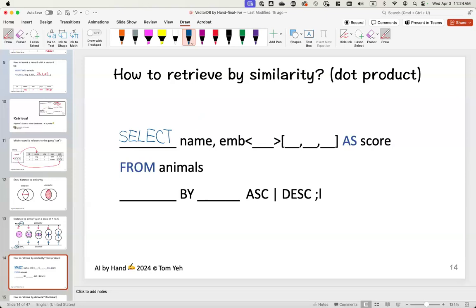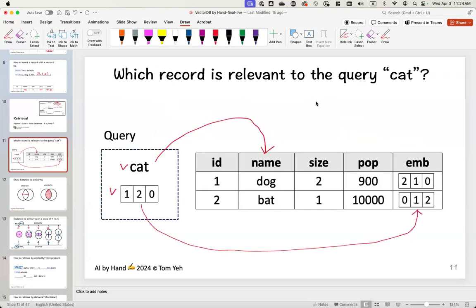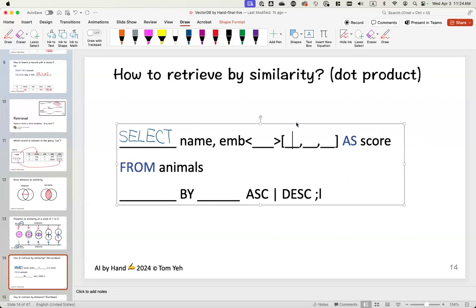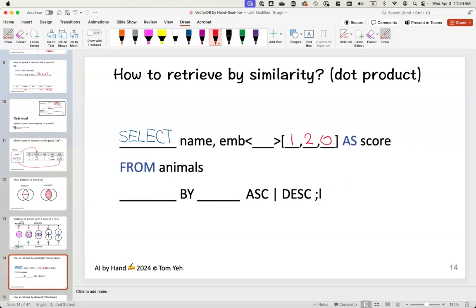And with embedding, we're going to look at the embedding column. Suppose we have cat. What is the embedding for cat? Let's go back three slides. It's 1, 2, 0. So I'm going to fill in 1, 2, 0 over here in this template as score from the animals table. And then I would like to order them.